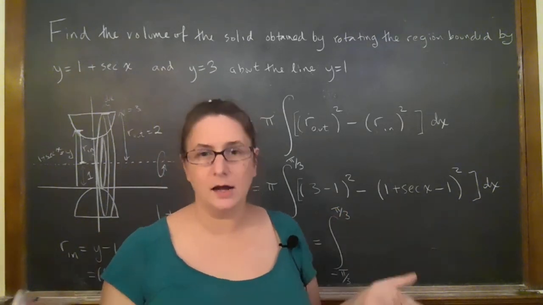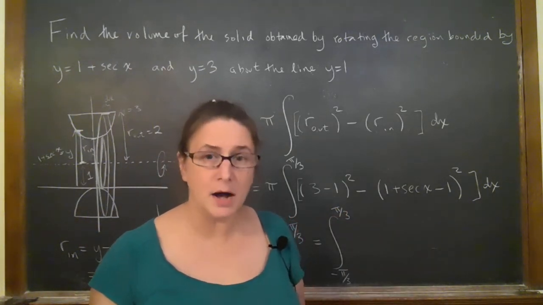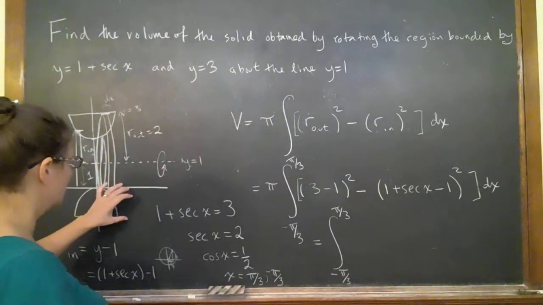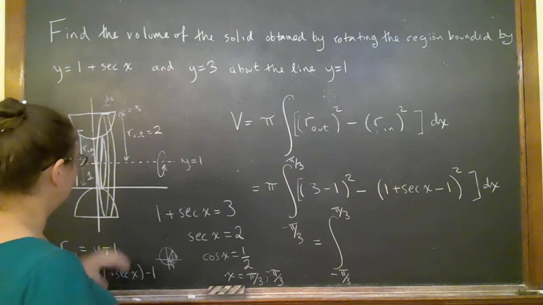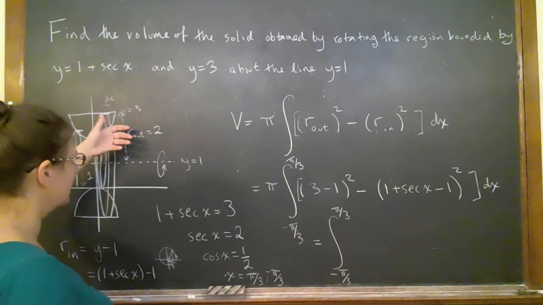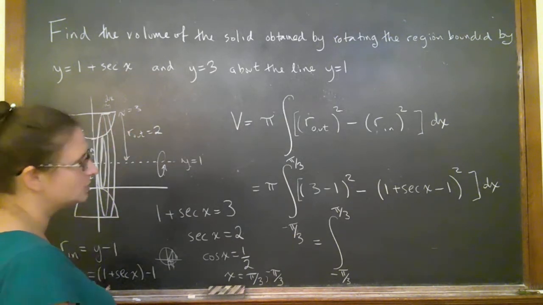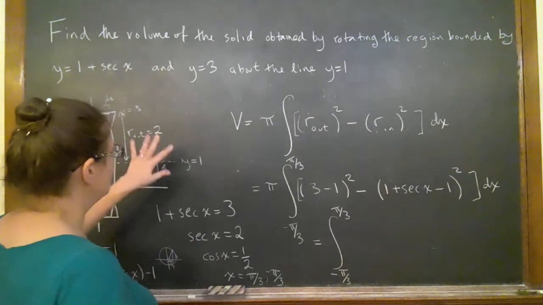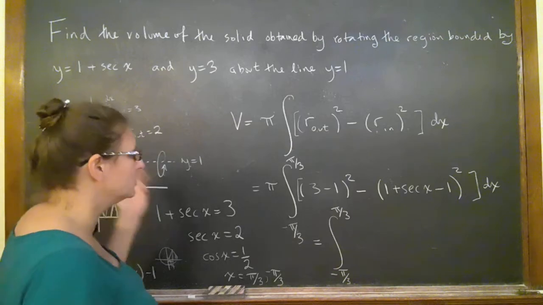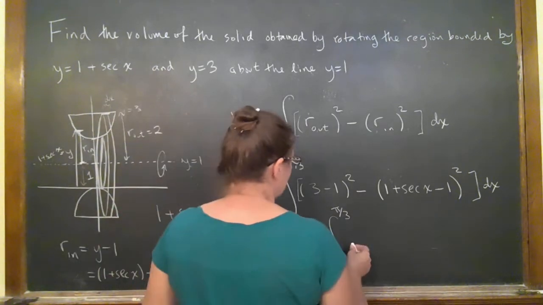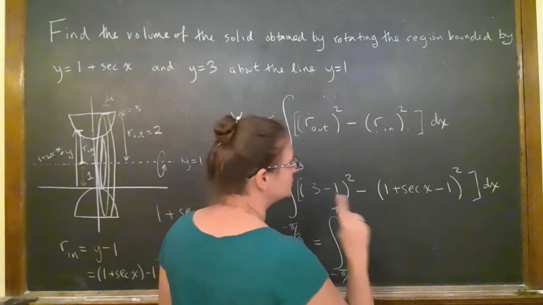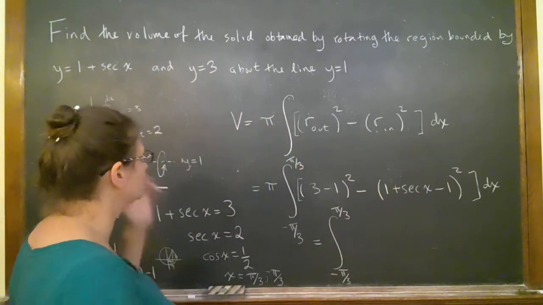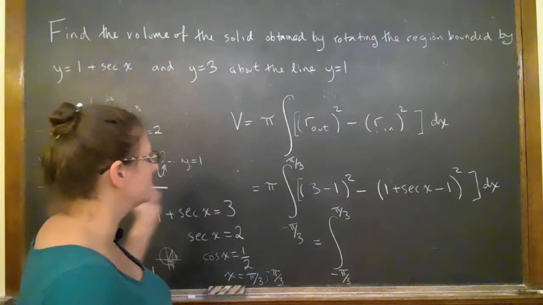I think it's, yeah, I mean, yes, but if your line is down here, you're actually adding it. If you're down here and you're rotating upwards, which you can do too, it might look different. So when you're rotating around a line, x equals something, so we're going like this and we're integrating with respect to y.